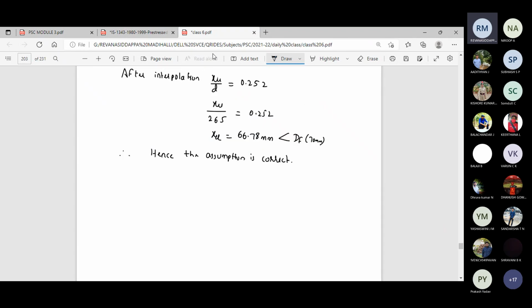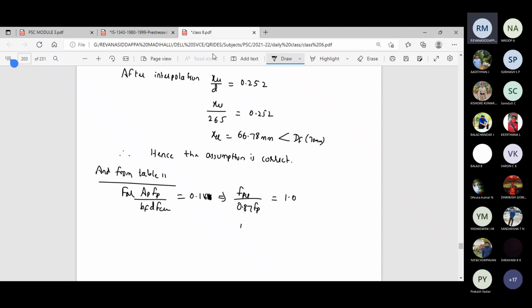From table 11, for Ap fp by b d fck equal to 0.116, corresponding fpu by 0.87 fp is equal to 1.0.